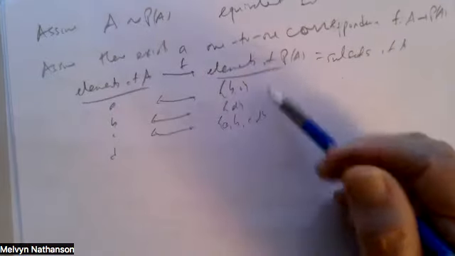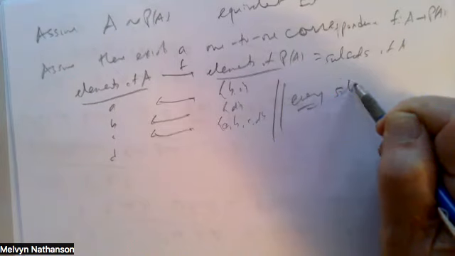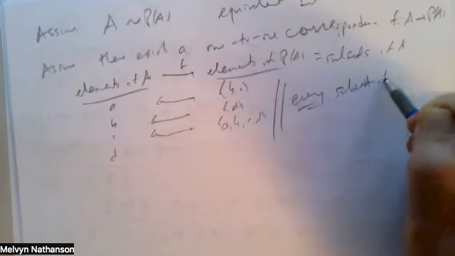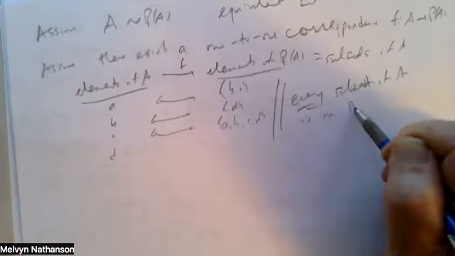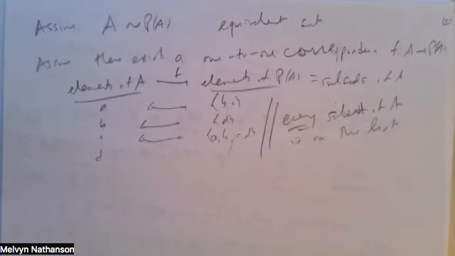So every subset of A is on this list. It's one of these sets. And we're going to show that this leads to a contradiction.